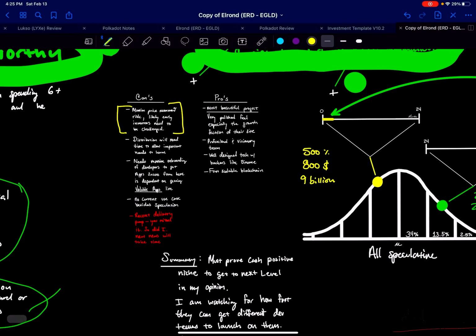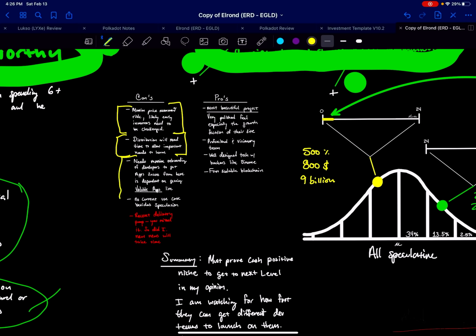If you don't have any, it is very risky to enter now because it's had that insane price movement. Distribution will need time to allow impatient hands to leave. So over time, in order to distribute the tokens, it takes time. If you want to be the reserve currency of the world, you need to allow time for those tokens to spread. So only time will do something like that, or somehow spreading the tokens out everywhere.